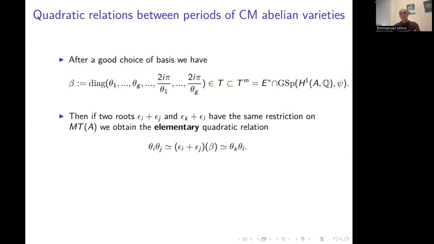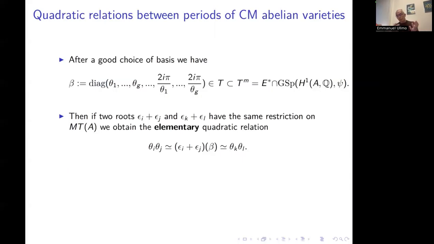If you have two roots of this maximal torus acting on the Lie algebra of the symplectic group which have the same restrictions to the Mumford-Tate group, then when you evaluate at this point beta, you find theta i theta j and theta k theta l, and this gives you an elementary quadratic relation.